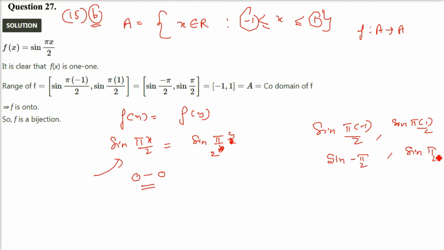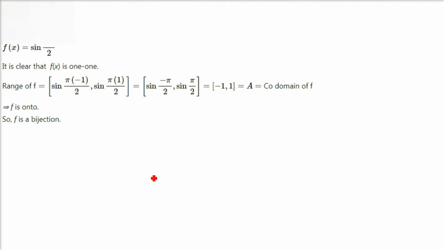Sine minus theta is minus sine theta, so it will be negative sine pi by 2, and this is sine pi by 2. Sine 90 is 1, so you get negative 1 and 1. So the range and codomain are both the same. The codomain was negative 1 to 1, and the range is also negative 1 to 1. That is why this is a bijection. F is a bijection because we proved it to be 1 to 1 and onto.